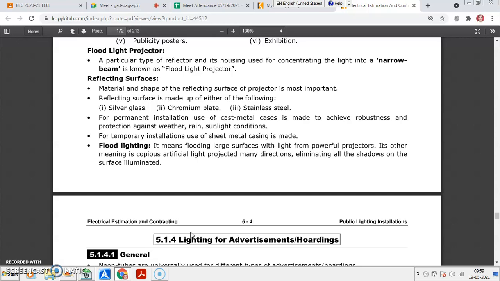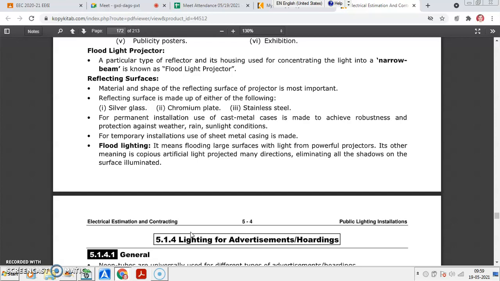If you have temporary installations, then you are having different provisions. Now you know that we are having these flood lighting schemes in our ancient forts, like Raigad, Shivneri. So in Mumbai also you can see a good flood lighting scheme, that is Hutatma Chowk, where we can have the permanent structure of the flood lighting.